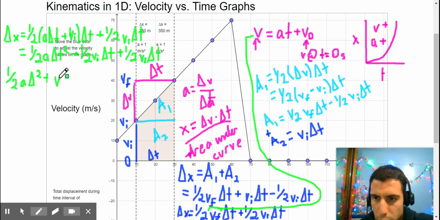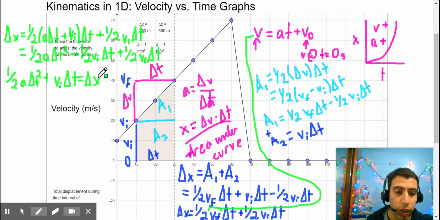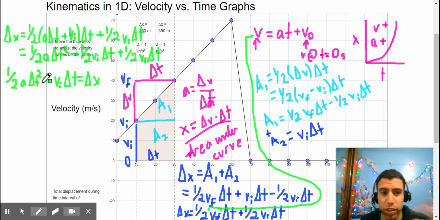V initial delta t, right? Oops, I forgot the t here. Just realized that. Equals delta x. Okay, now I can naturally rearrange this. And notice, this actually makes something that's correct.